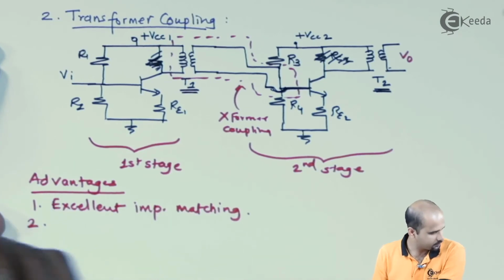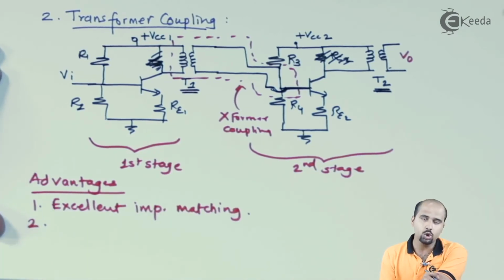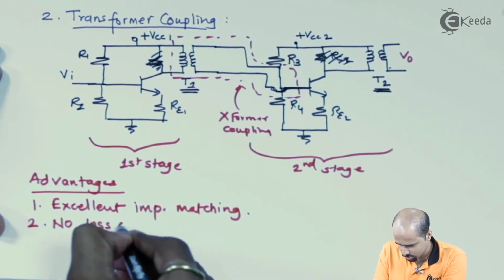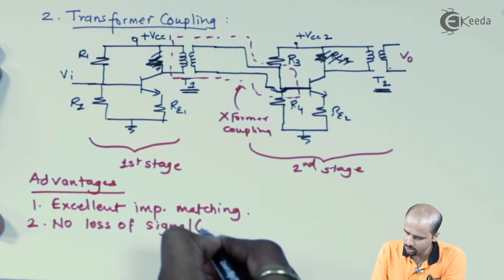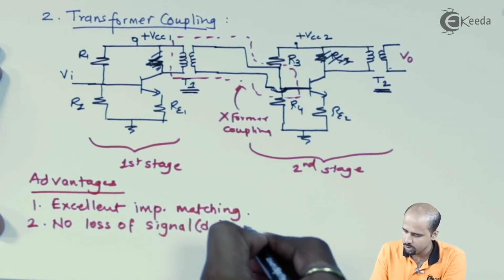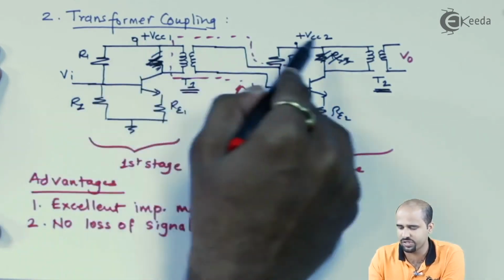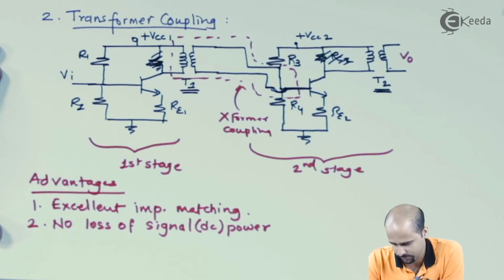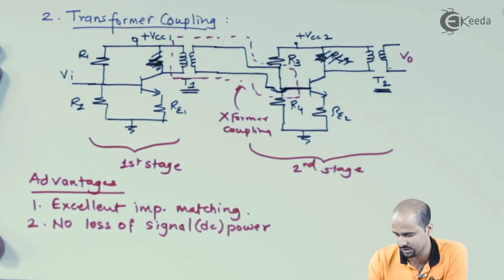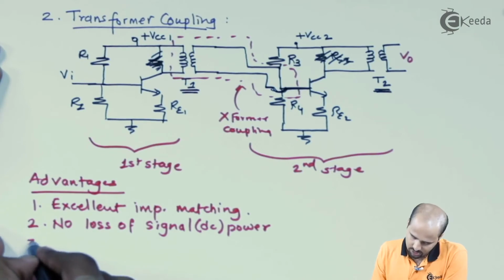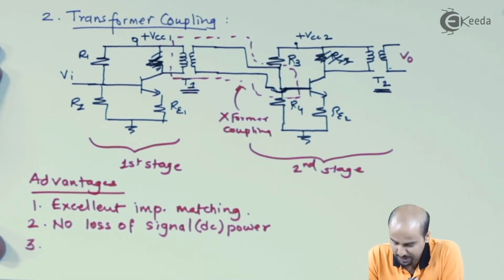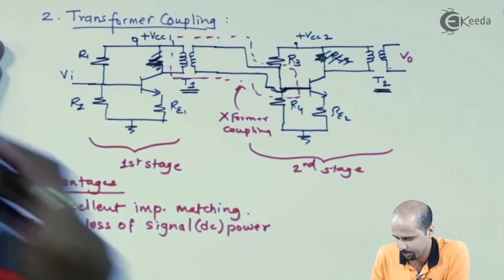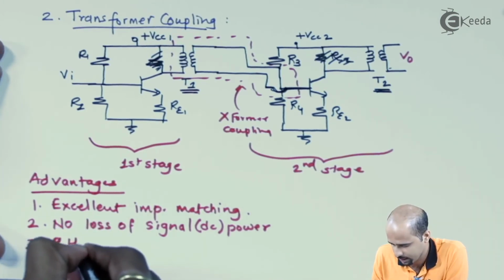Second is, we'll be getting no loss of signal in terms of DC power. So signal power, which is nothing but VCC1 and VCC2, will not get lost so much. So no loss of signal as far as DC power is concerned. Obviously, third, very important as far as customer requirement is concerned, we'll be getting high gain as compared to RC coupling. So we'll be getting high gain.